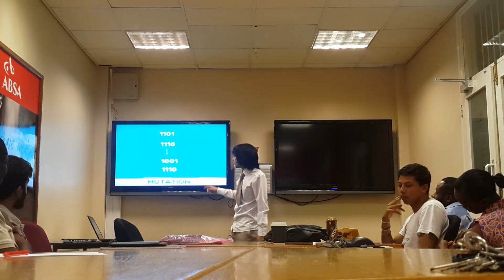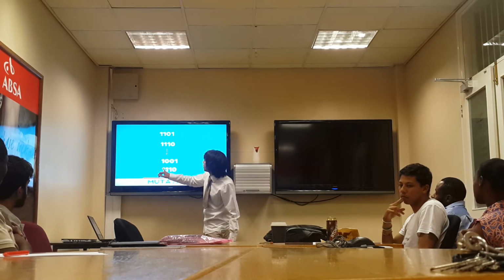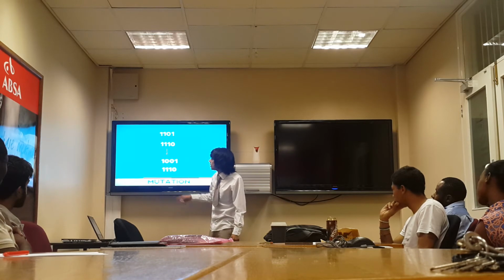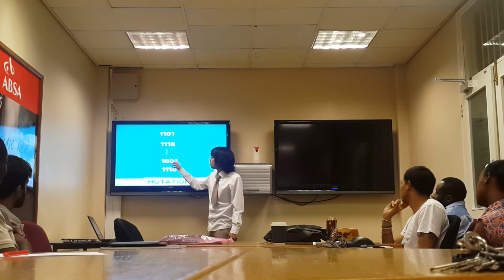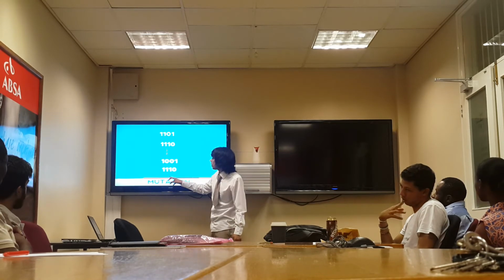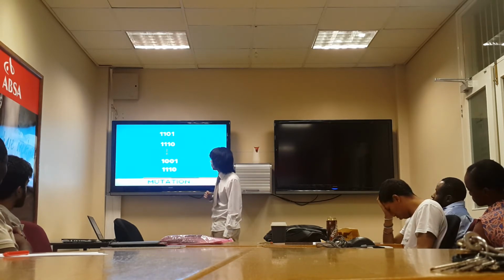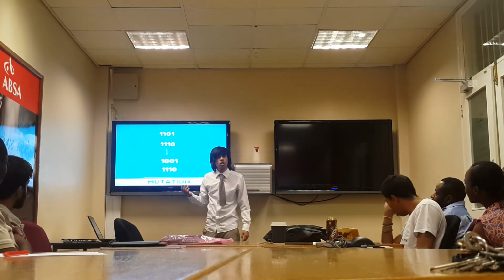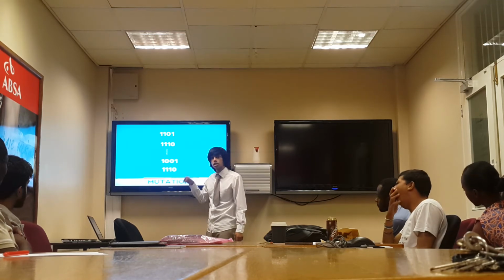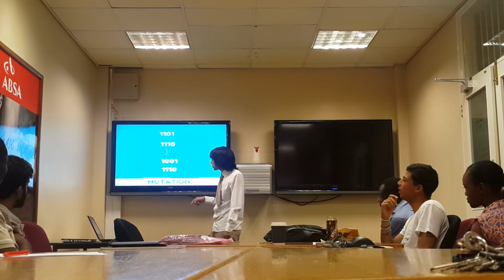Nevertheless, what happened here is that any random digits were changed. So 1101 over here was changed, the 1 over there was changed to a 0, and similarly over here, oh, that one didn't mutate at all. That's to show that mutation doesn't have to happen for each and every solution, just for certain ones.